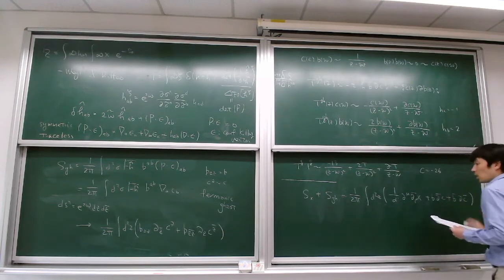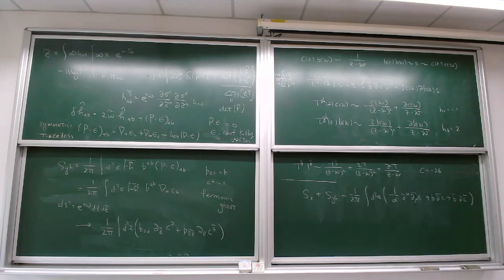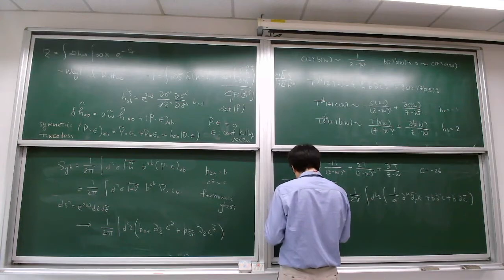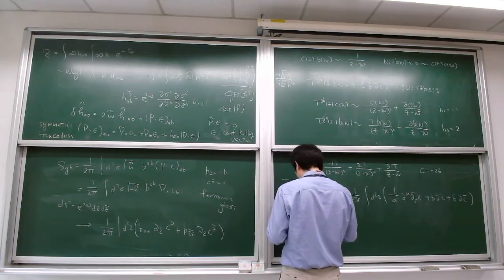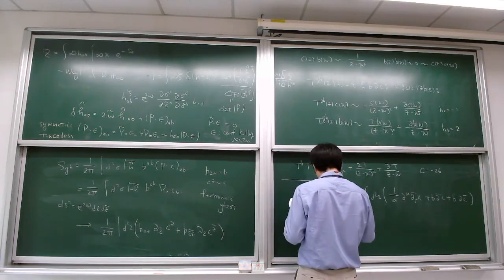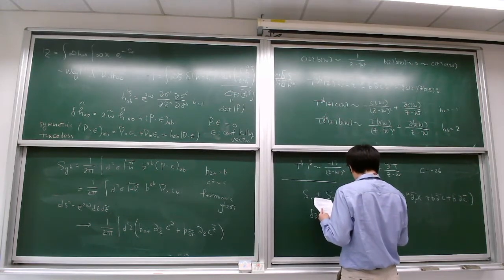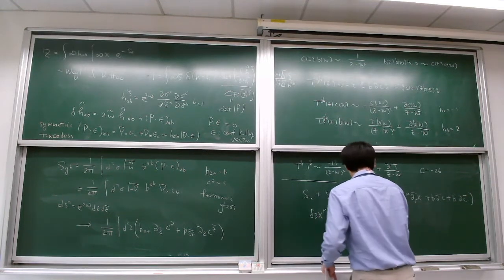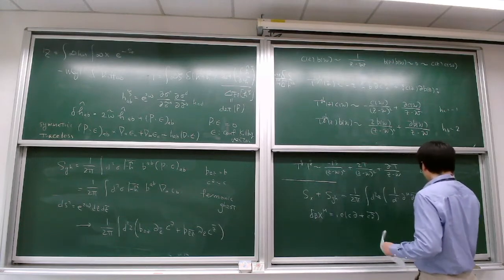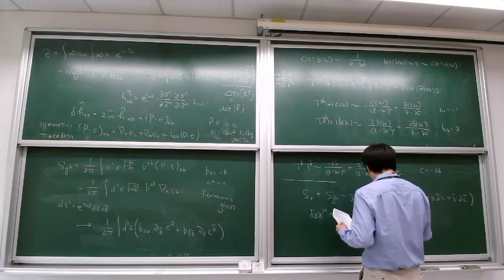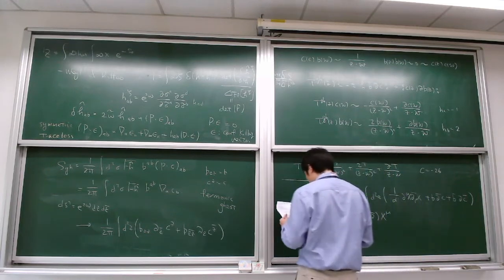This is the total action we are going to consider, and this action has the BRST symmetry. I'm going to focus on only the holomorphic part. Oh, sorry, X is missing. Yes, for the BRST symmetry I need to include both.